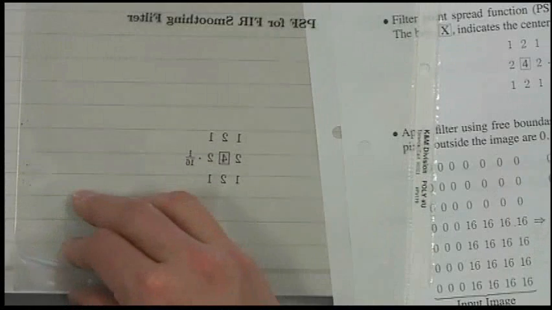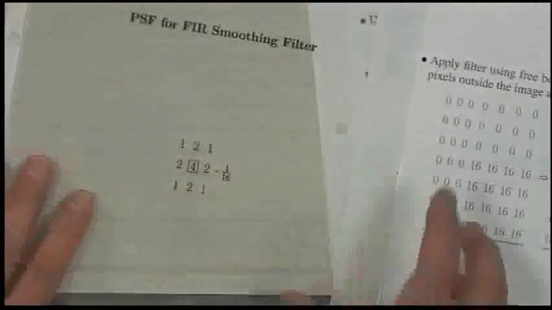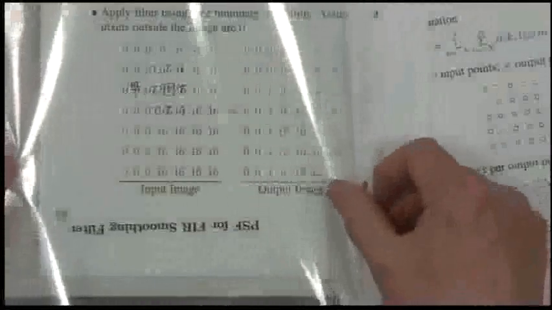I first flip along that axis. First flip that way, but that's not good enough. I have to flip this way too. And now guess what? Two flips like that is equivalent to a rotation. So I do this, and then I convolve by shifting.